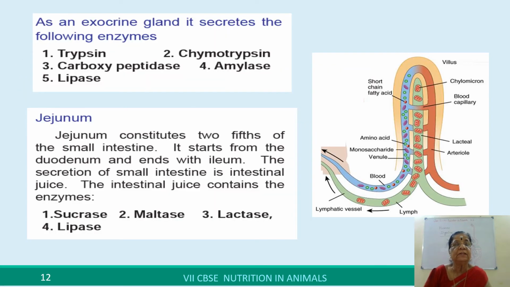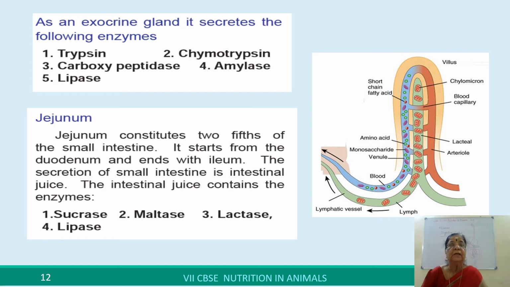Yeah. Next one is about the pancreas. The pancreas acts both as an exocrine and an endocrine gland. The digestive part of the pancreas is called the exocrine pancreas, and the hormone part of the pancreas is known as the endocrine pancreas. Now the exocrine gland secretes trypsin, chymotrypsin, carboxypeptidase, amylase and lipase.